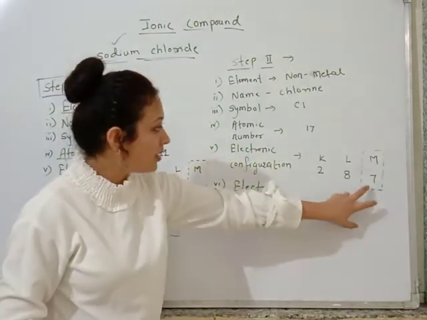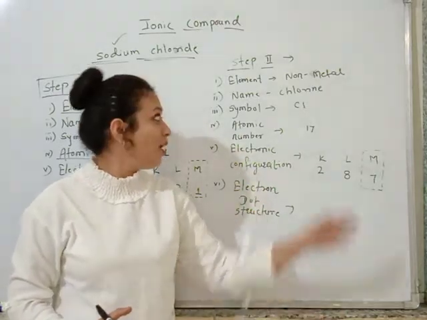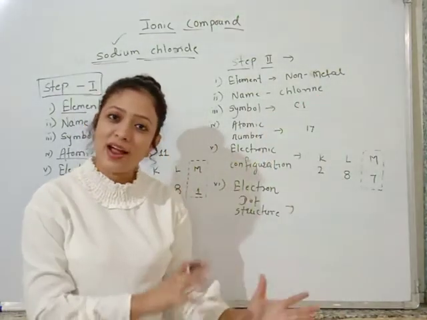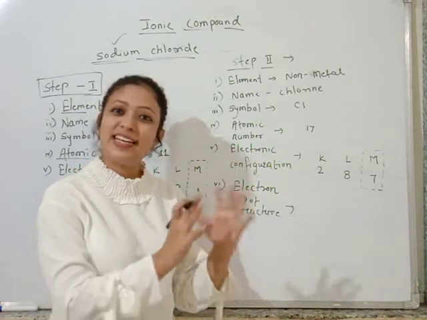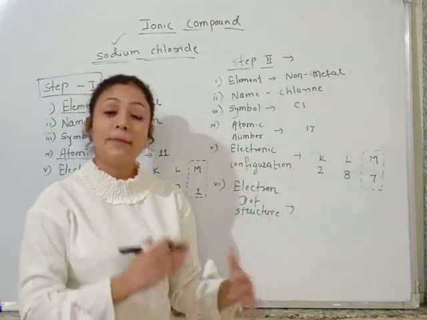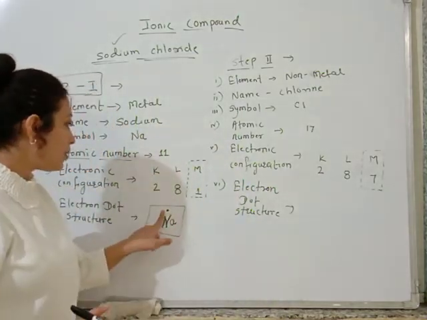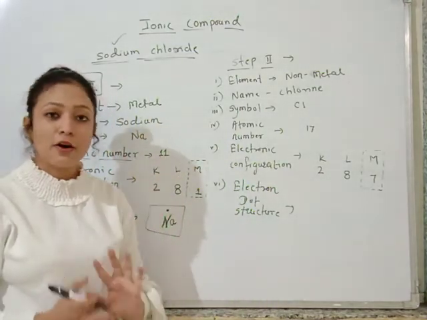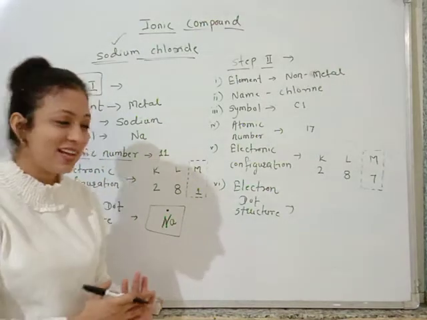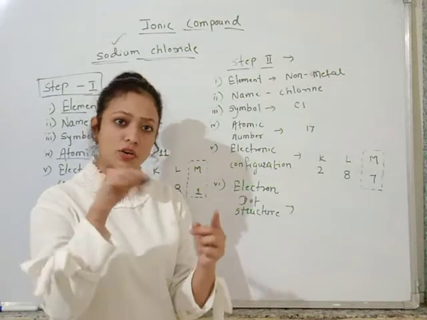Here there are 7 electrons in the outermost shell of chlorine. So we will write its symbol first and then the 7 electrons. But now we have to change the symbol. As we have written dots for the electrons of the metal, here we will change the symbol. For this we can use the cross symbol.